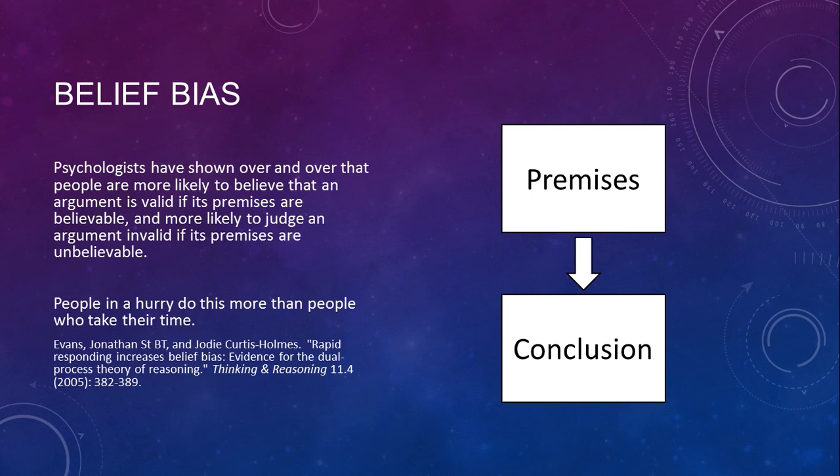And the reason why you should care about any of this is because all of us have this thing called belief bias. Psychologists have shown over and over again in a variety of different contexts that good, well-meaning, smart people are more likely to believe an argument is valid if they believe its premises and its conclusion.